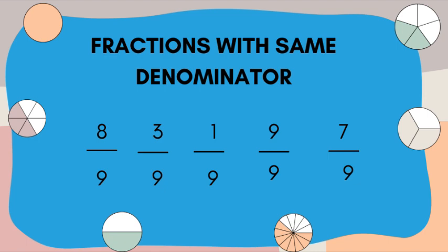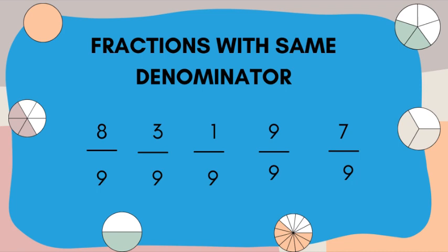In this case, this is an example of descending order, from the largest to the smallest. So we have 8 over 9, 3 over 9, 1 over 9, 9 over 9, 7 over 9. We'll arrange this from the largest to the smallest.